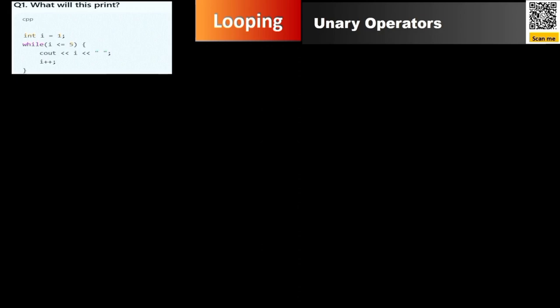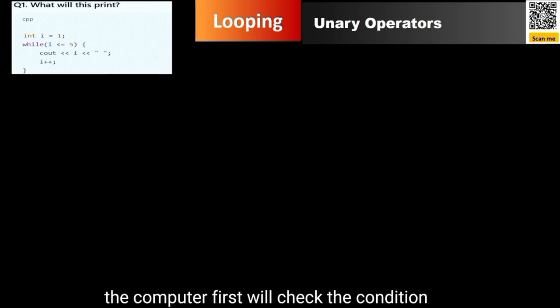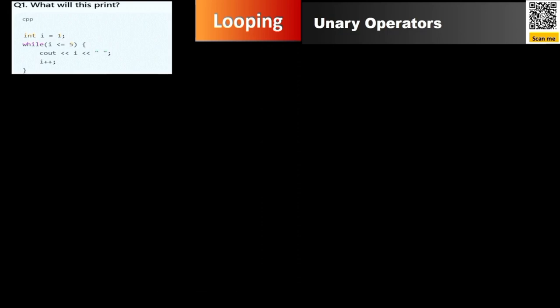Now, let's do some justice so that you can understand. Let me remind you a bit about a while loop. A while loop is a control structure that repeats a block of code as long as a given condition is true. The computer first checks the condition, and if it is true, the loop body will execute. If the condition becomes false, the loop will stop. Is that okay? We have a post-increment here, so it will start counting 1, 2, 3, 4, 5.